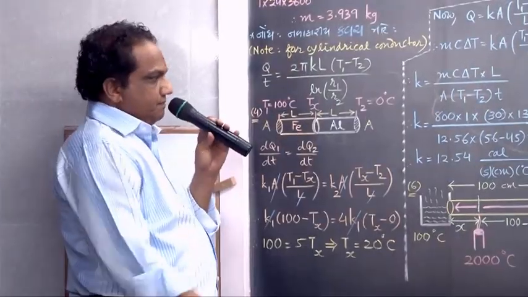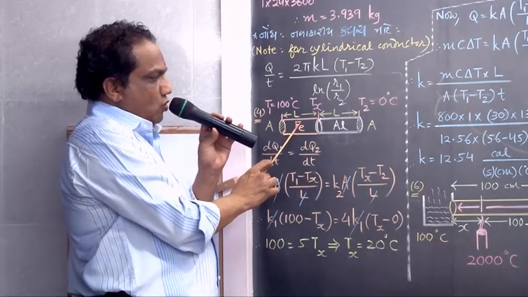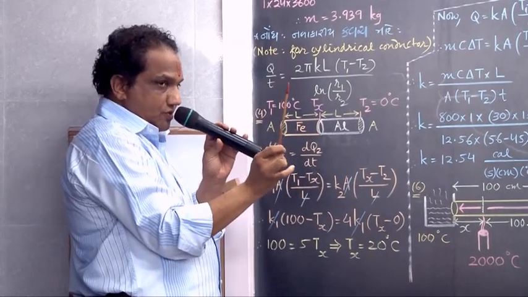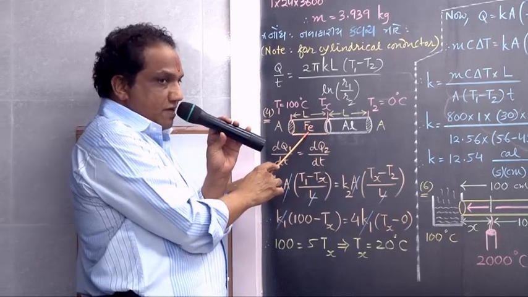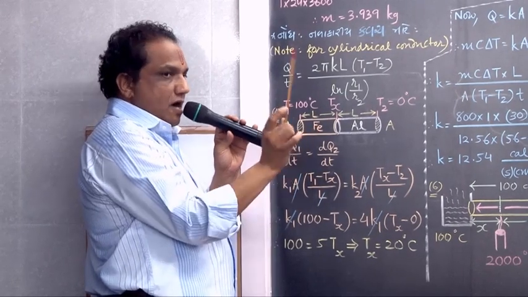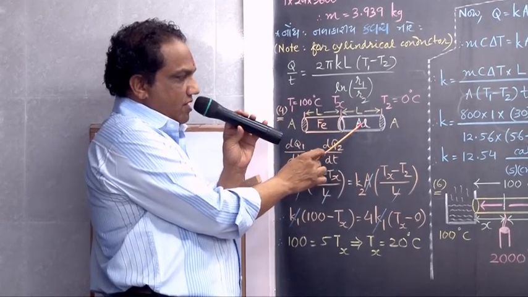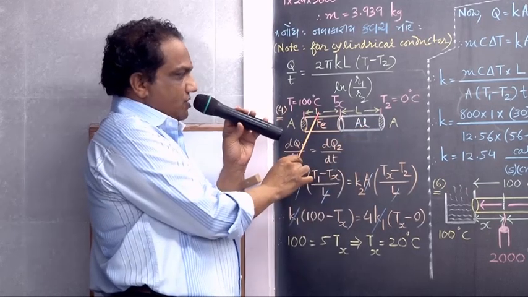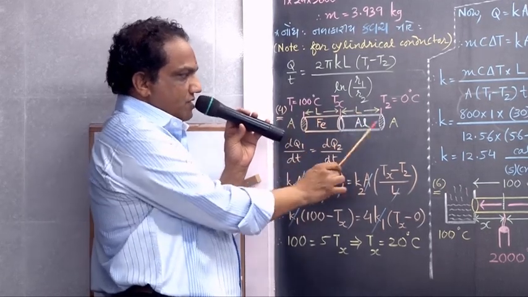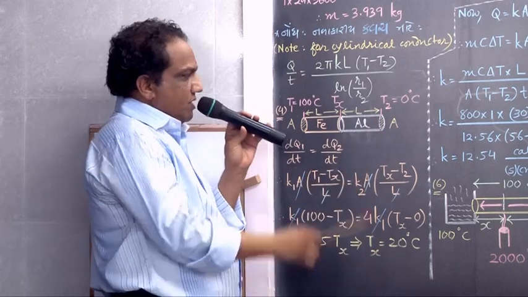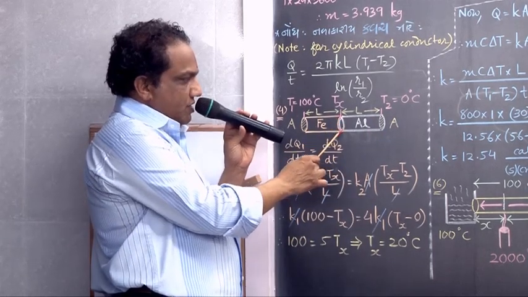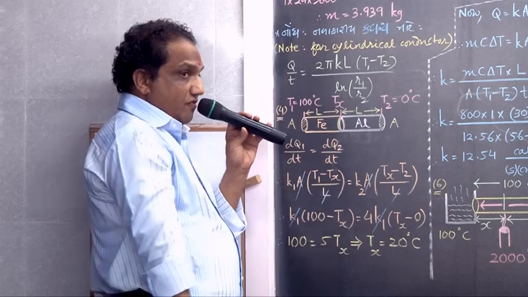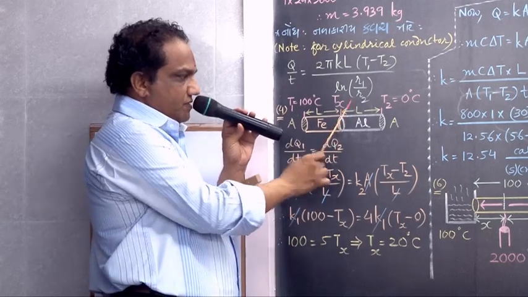Very simple sum. We have 2 conducting rods. One made up of iron, I have written here Fe. Another made up of aluminum, I have written Al. They have same length, same cross-sectional area. They are joined at this juncture, and it is called interface or contact surface.